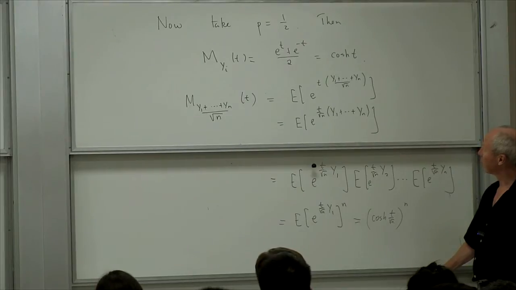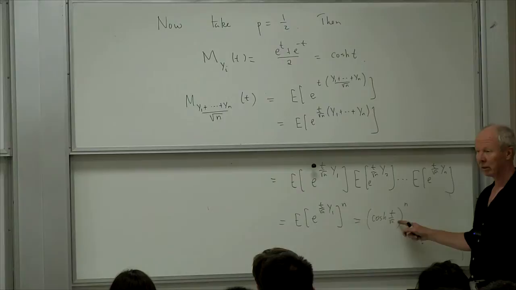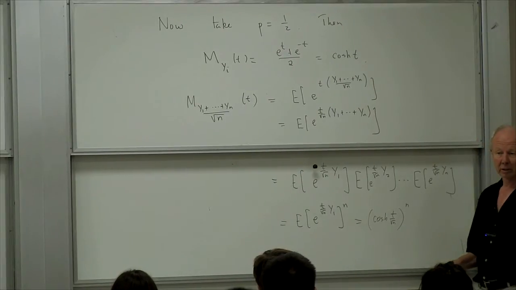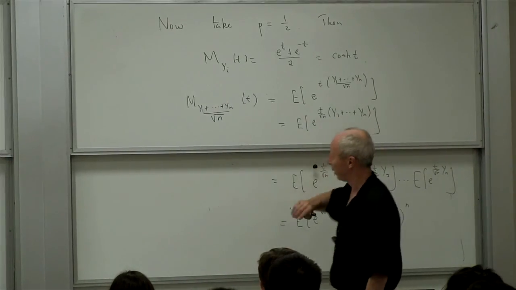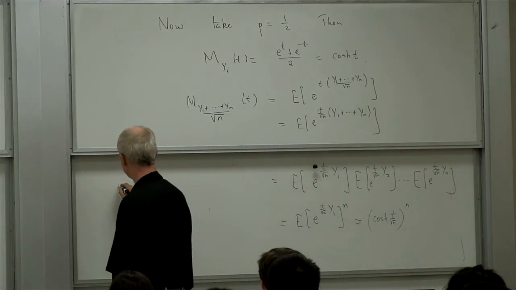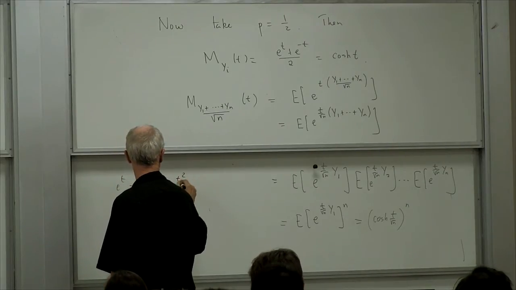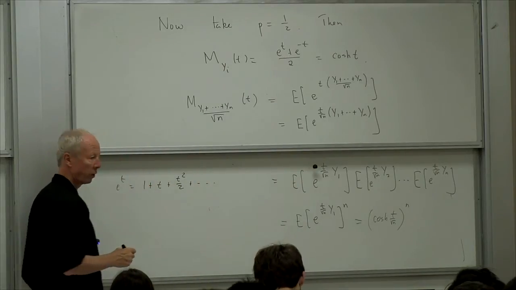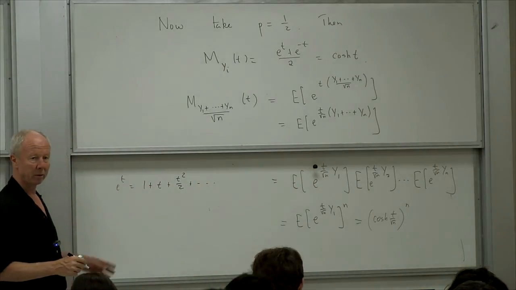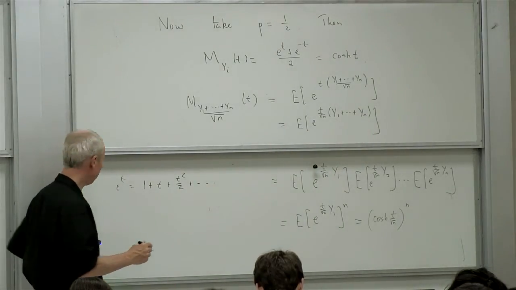Maybe we could try to guess. What does this look like for small values of t, or t over root n? What's the Taylor expansion for e to the t? If t is really small, which terms really matter here? Only the first couple, right? Higher powers are less.